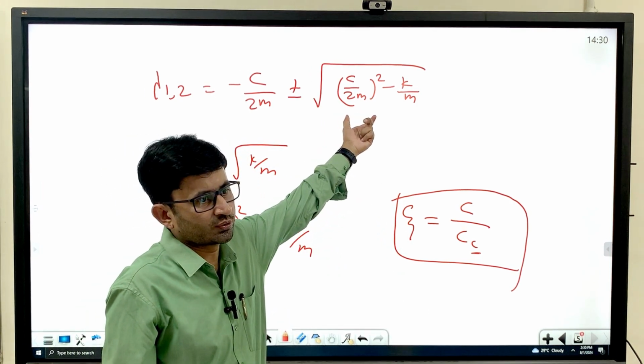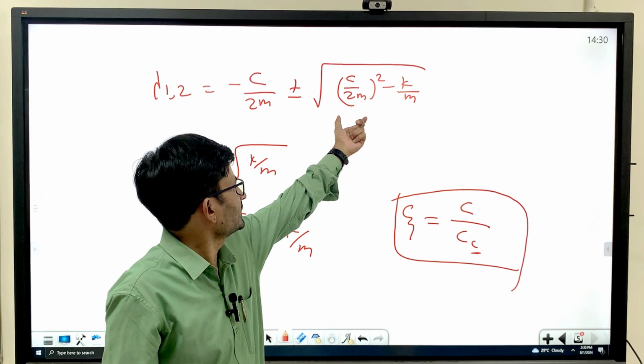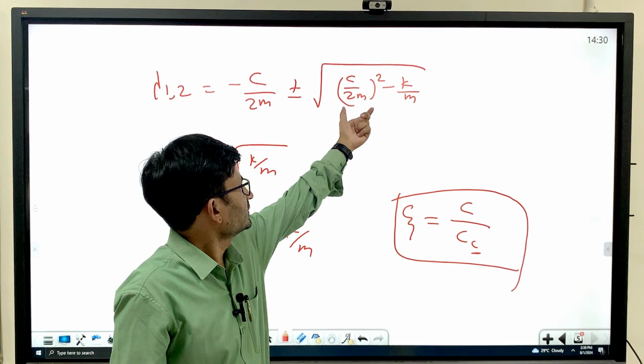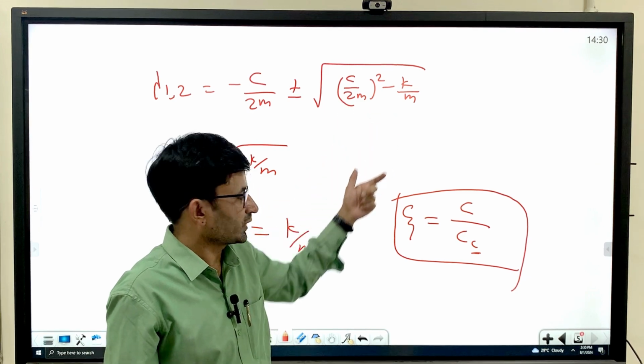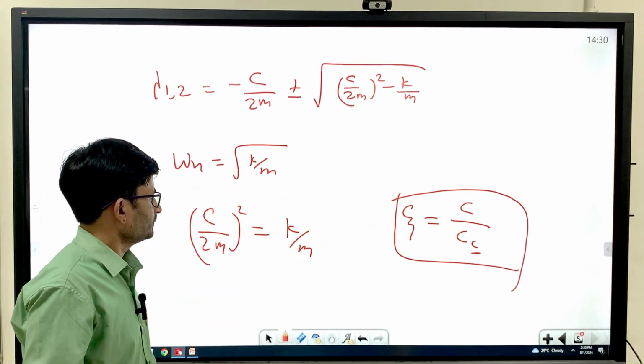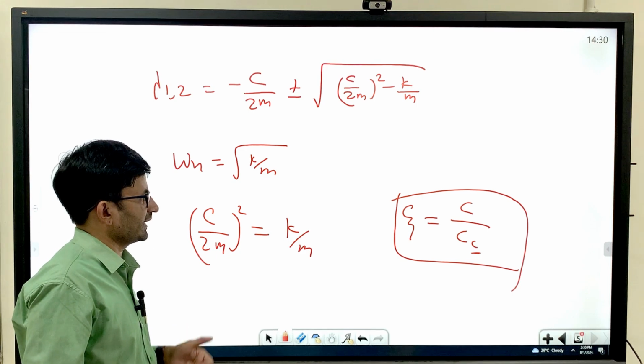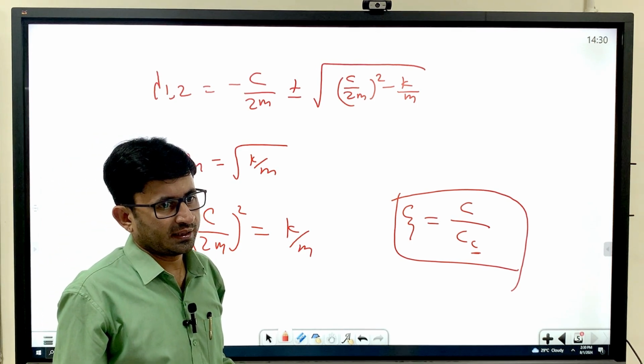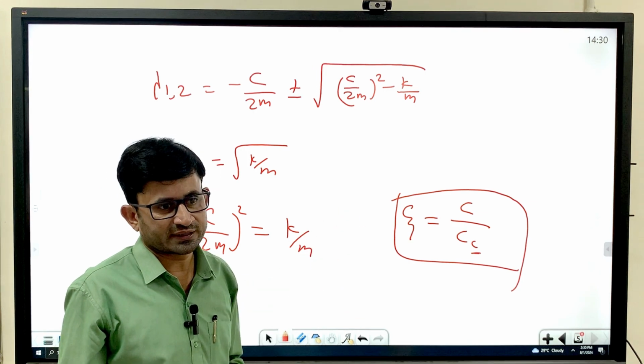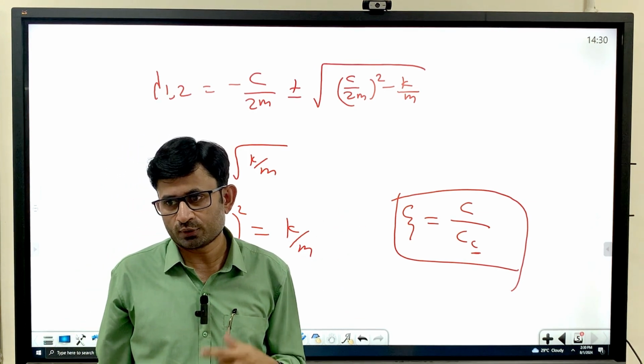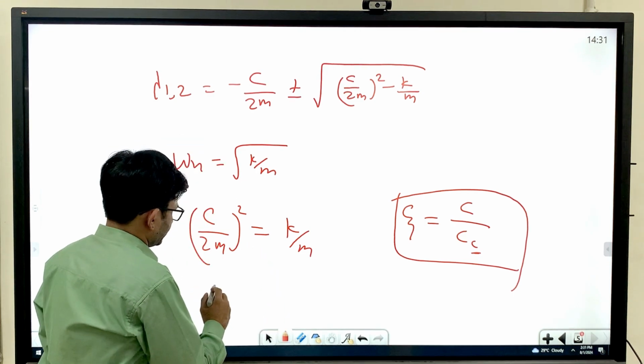In the second case I am putting this equal to 0. I am equating c by 2m whole square equal to k by m. Now here I will define the damping ratio. Based on this ratio, you will say whether my system is under damped, over damped, or critically damped. So what is the value of c here?